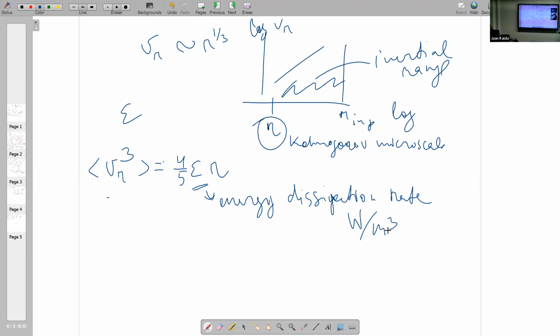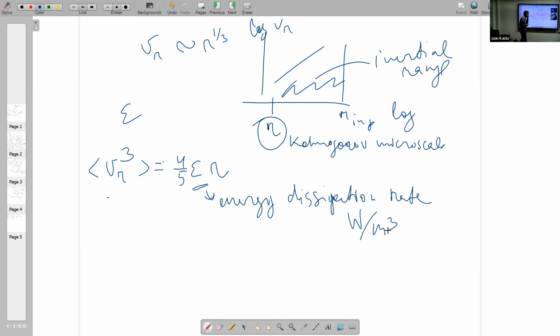Now, what we're going to do is express this in terms of that energy dissipation rate. Again, we have certain energy input at large scale, like sun heating and putting the fluid in motion, and all this energy goes down the cascade to smaller and smaller vortices until it reaches the dissipation scale, when the kinetic energy of the fluid goes into heat.